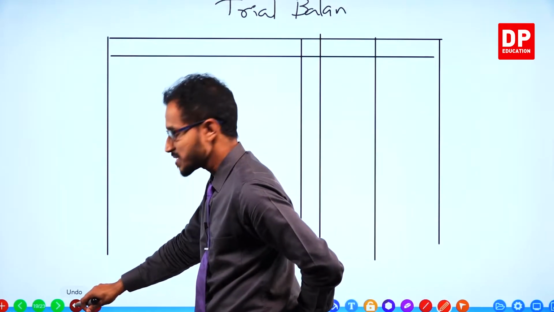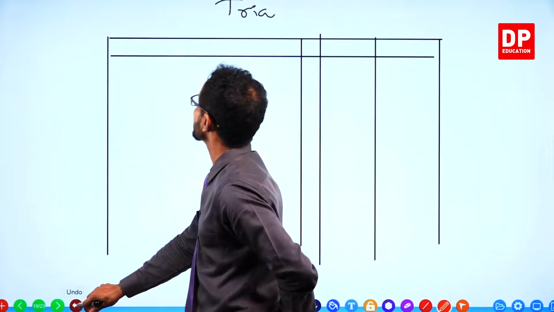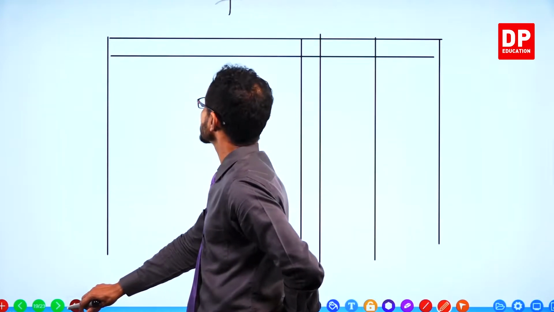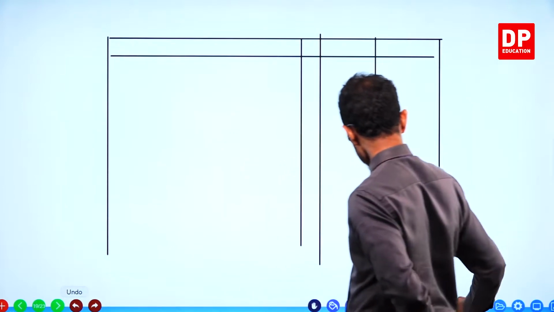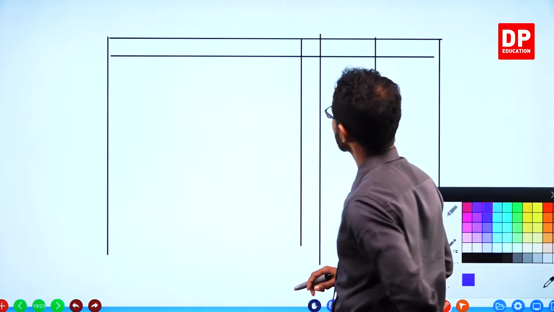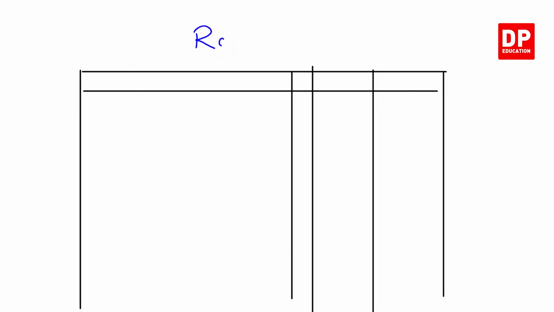We have to write the business name on top. Whose business? What is that name? Rosal. Whatever it is, it's a strange name. Rosal's business. There you go. Perfect. Rosal's business. Trial balance.